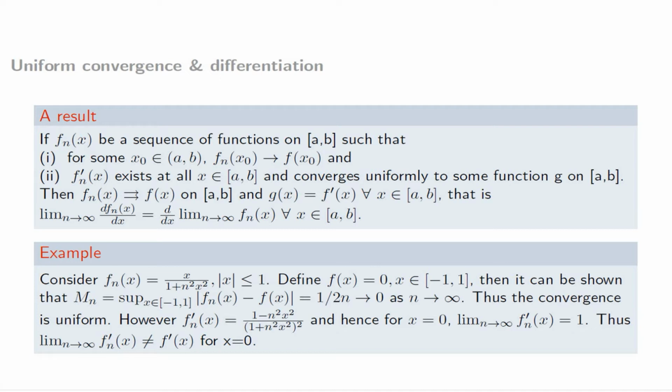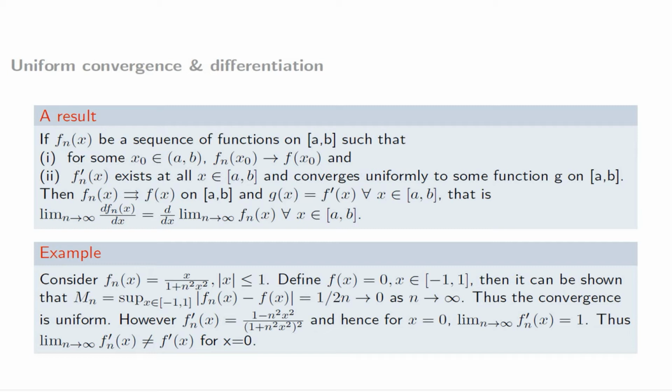Consider f_n(x), a sequence of functions on the closed interval -1 to +1 defined by x divided by 1 plus n squared x squared. Now, define f(x) as 0 for all x, and then it can be shown that M_n, which is the supremum of the absolute value of f_n(x) minus f(x) over the closed interval -1 to +1, is 1 by 2n, and this tends to 0 as n tends to infinity.